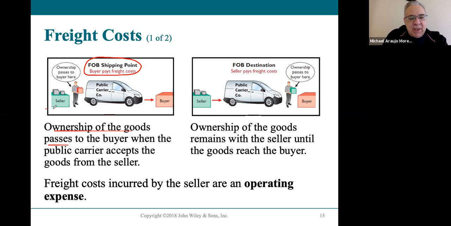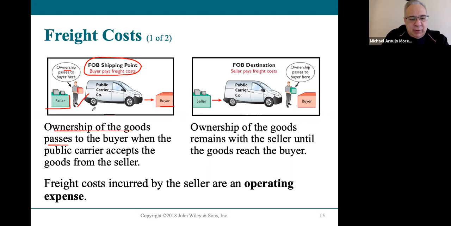Imagine this is PW Audio boxing up the circuit boards, and as soon as they give it to the carrier, whether it's UPS or DHL or FedEx, that's when the ownership goes to the buyer, even though in this case, our buyer is all the way in Illinois and the shipping point is in Michigan.